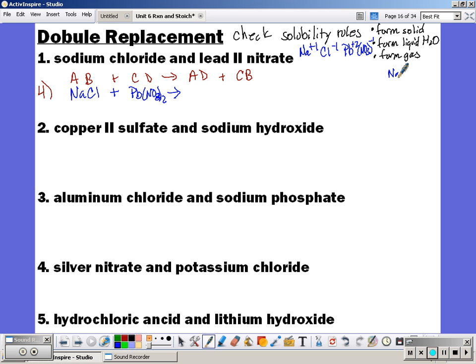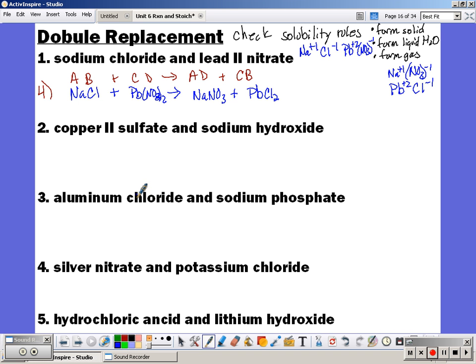D in the problem is nitrate, NO3, minus 1. So I would have NaNO3, plus C was the lead with a plus 2 charge, and B was chlorine with a minus 1 charge. So that's PbCl2.